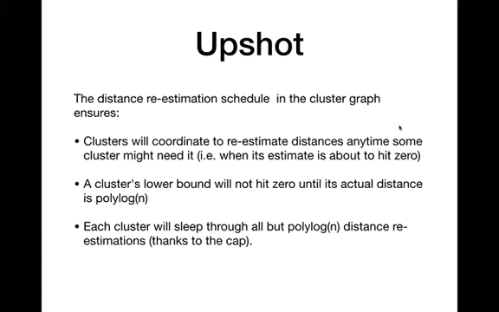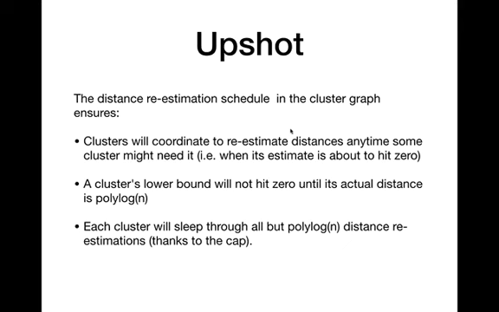So what's the upshot? There's a re-estimation schedule for the cluster graph that ensures that the clusters coordinate to re-estimate distances anytime some cluster might need to recompute because its estimate is about to hit 0.